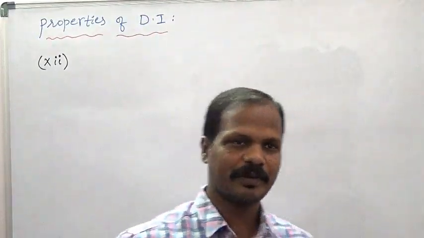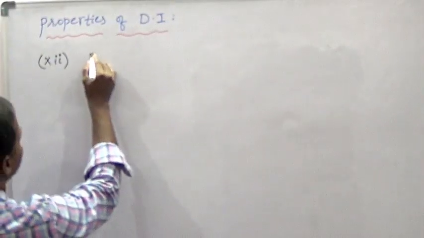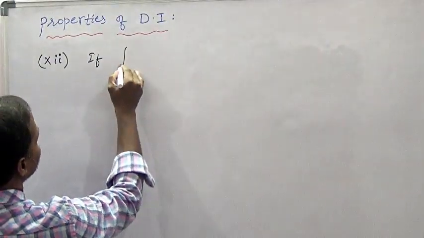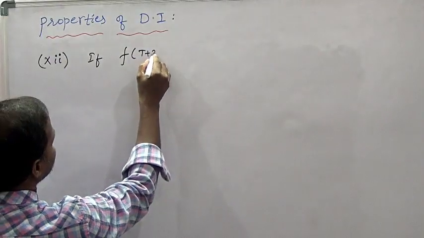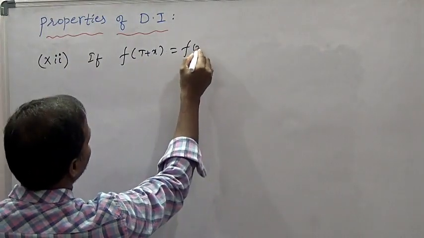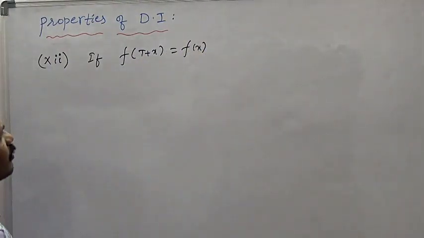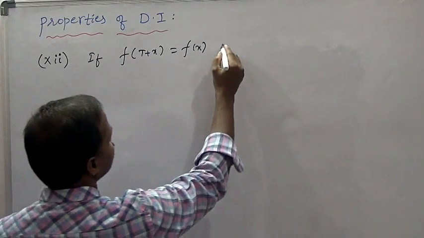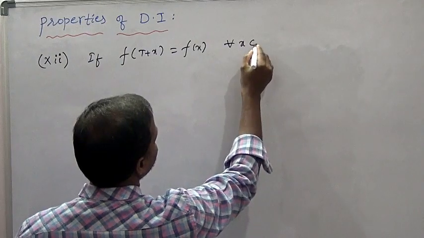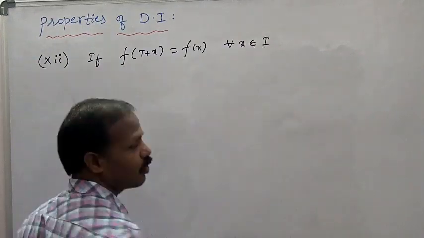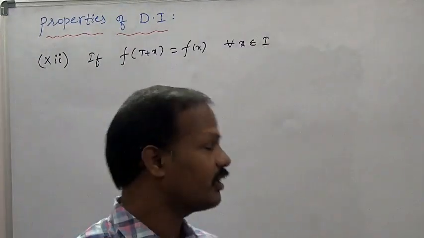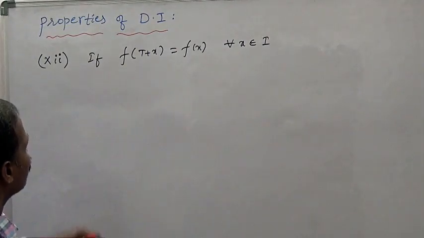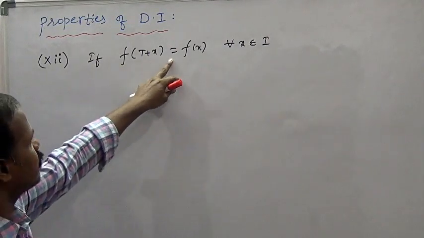Okay, so next property. If f of t plus x equals f of x for all x belonging to I, meaning here the domain of the function. So what is the meaning of f of t plus x equals f of x?